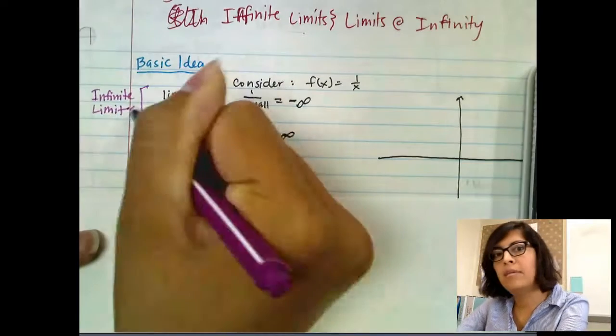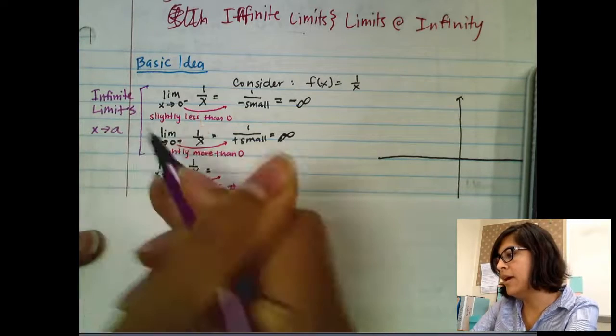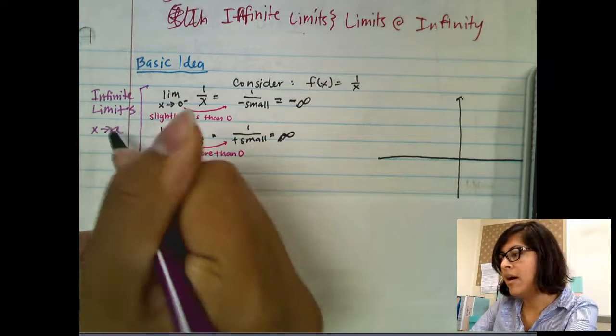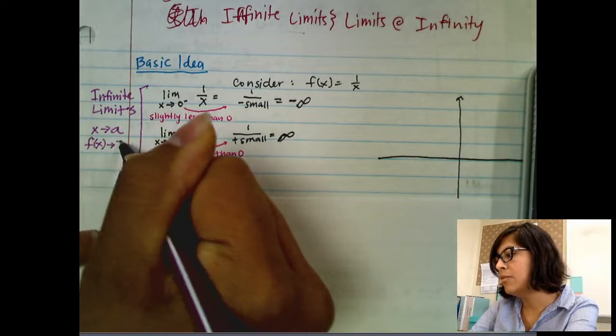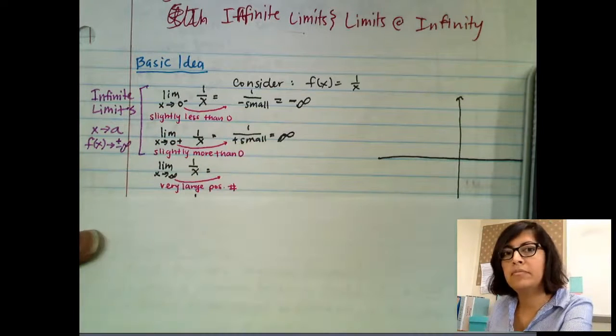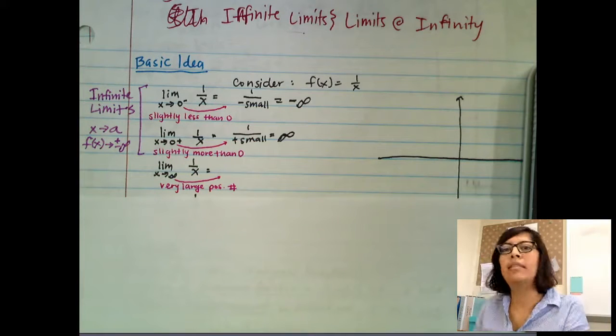As x goes to some value a, our f of x value goes to positive or negative infinity. So these are infinite limits. Now we're going to look at limits at infinity.